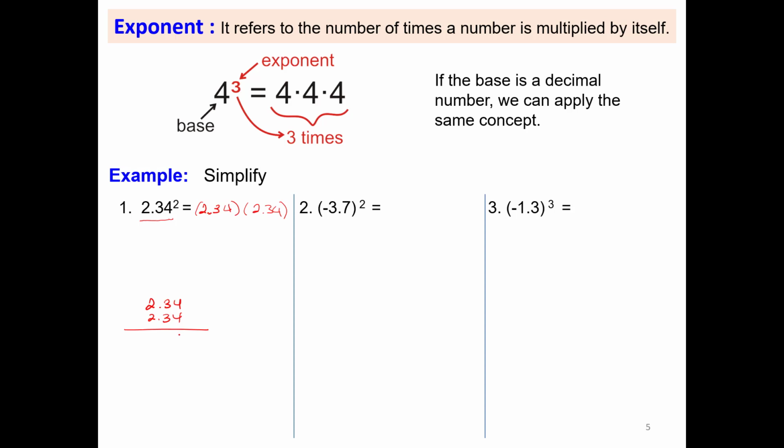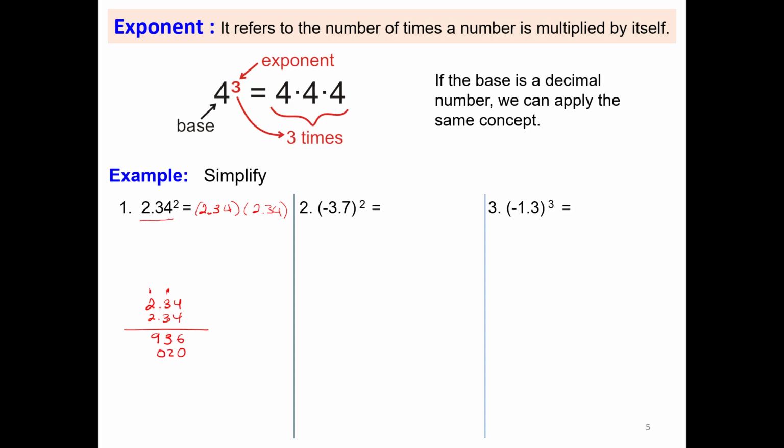4 times 4 is 16, carry the 1. 4 times 3 is 12, plus 1 is 13. 4 times 2 is 8, plus 1 is 9. 3 times 4 is 12, carry the 1. 3 times 3 is 9, plus 1 is 10.